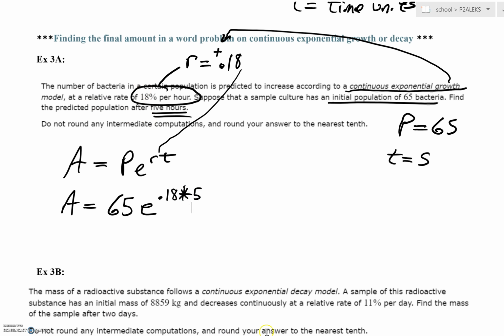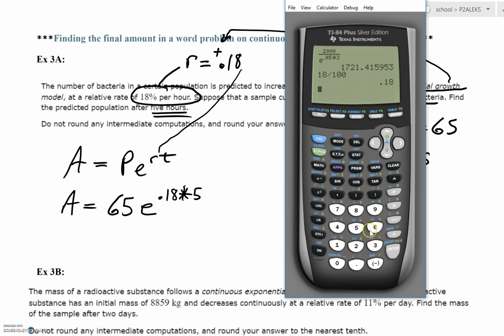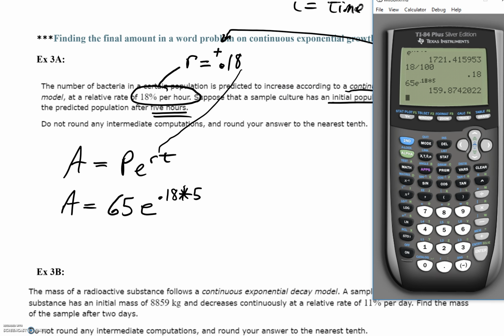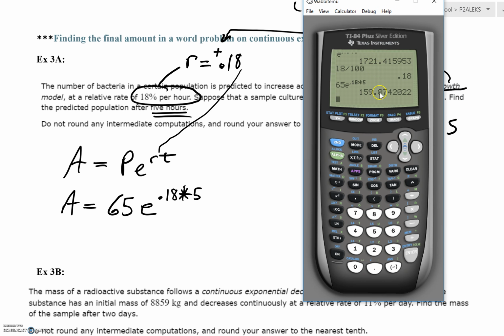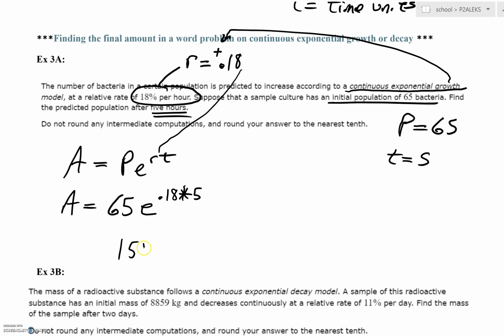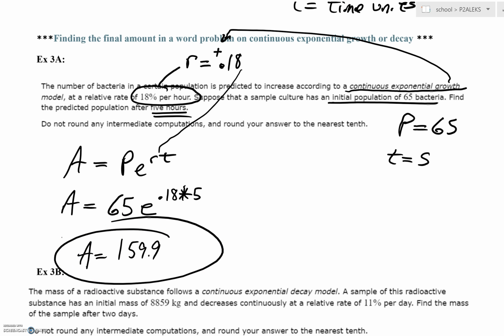So what you do is you go 65, then you go second E, you'll go 0.18 times a 5. And you'll get, going to the nearest tenth right now, that's 1 decimal place, 159.9. We're going to have to round that up. And you're done.